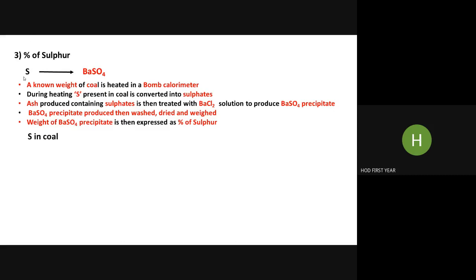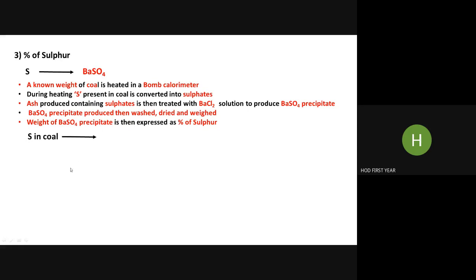The whole ash is taken out from the bomb calorimeter and treated with barium chloride solution. In between steps are there; those are omitted. Actually, the steps will not be asked. So ash is treated with barium chloride solution. When barium sulfate precipitate is produced, that precipitate is then taken out, washed, dried, and weighed accurately. And weight of BaSO4 is then expressed as percentage of sulfur as follows.